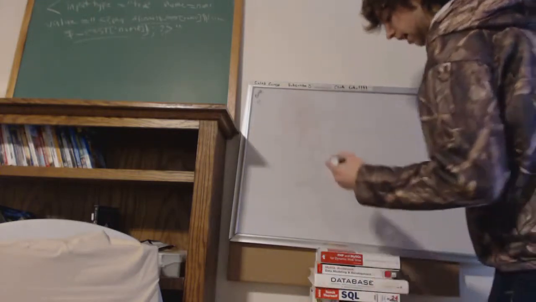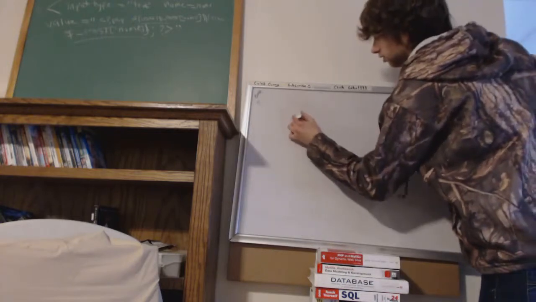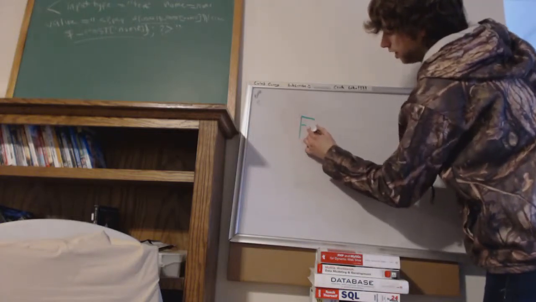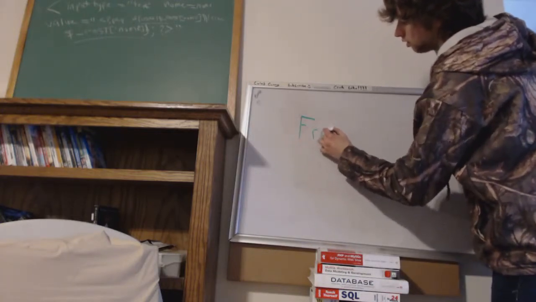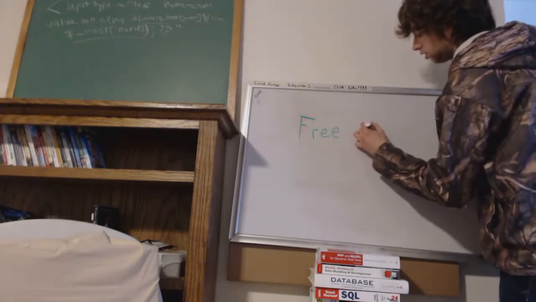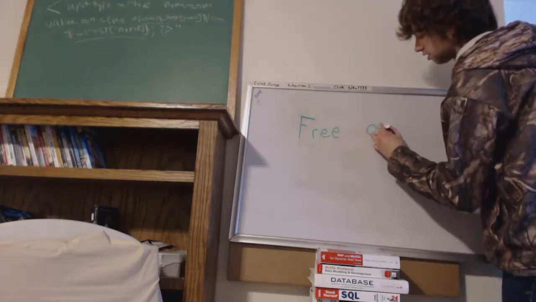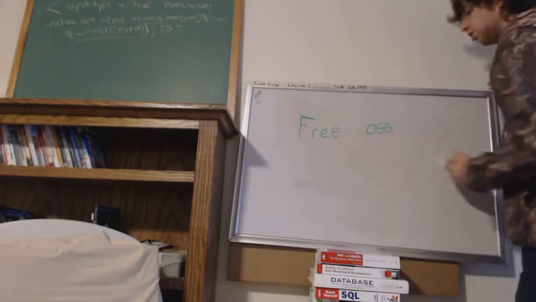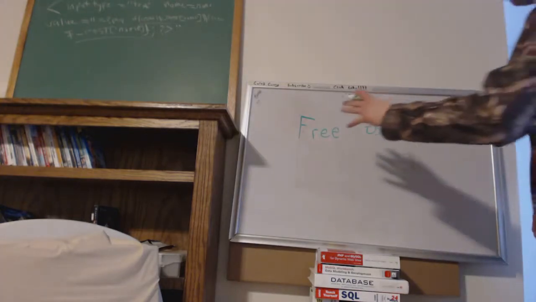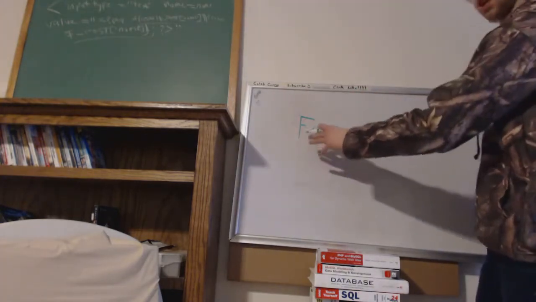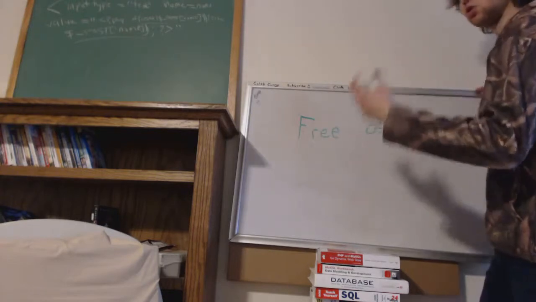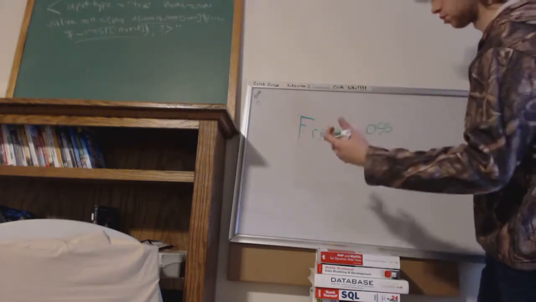Alright, we have free, and then we have open source software. So we have free software and open source software. Free software, which is what we talked about first, allows you to do a lot of stuff with the source code.